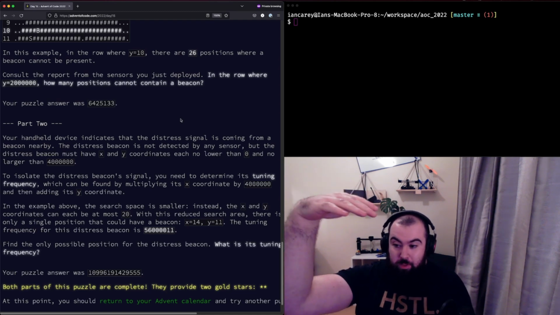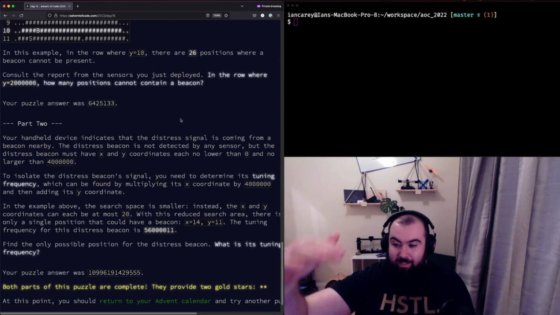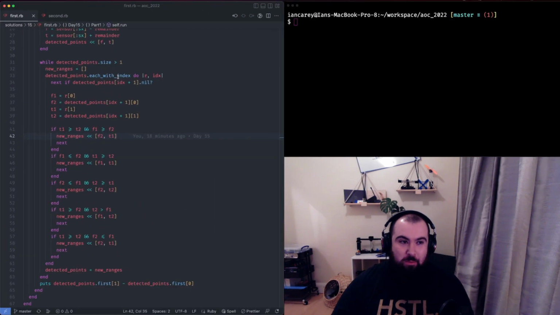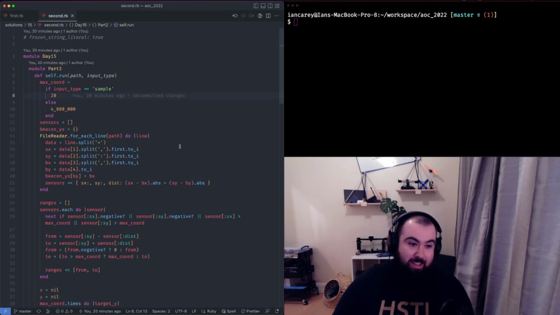The Y value will be somewhere between 0 and 4 million, and that's where we will be in the loop as we iterate. Yeah, this is getting a bit mental, but let's go into it anyway.